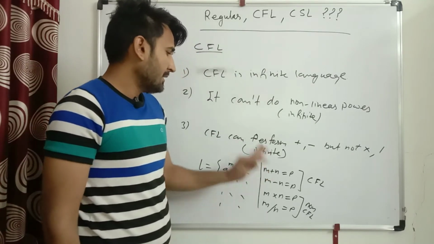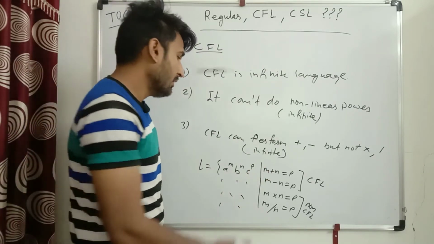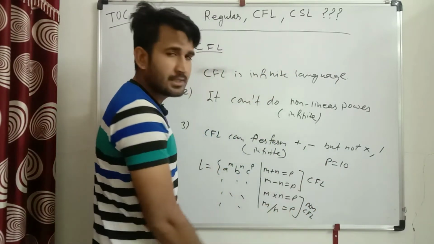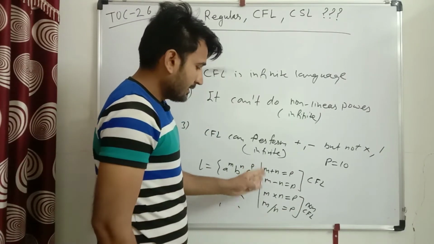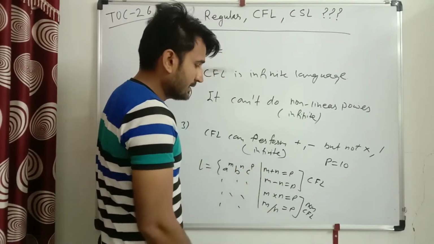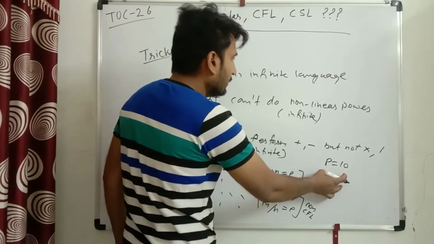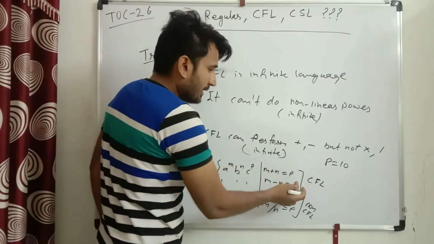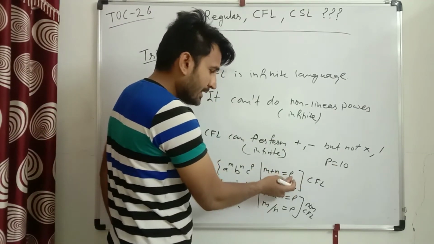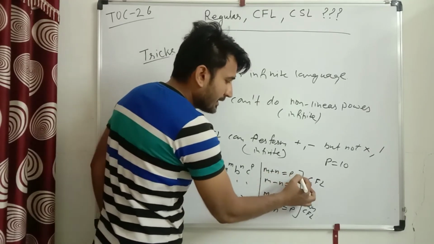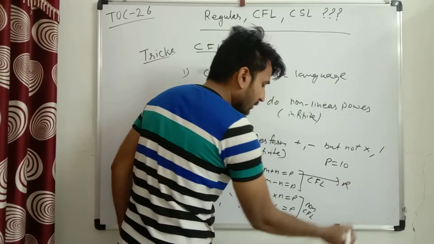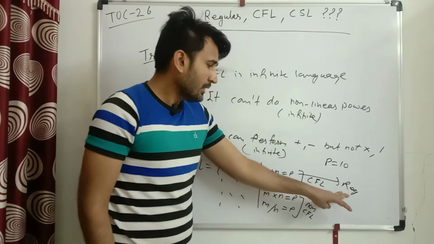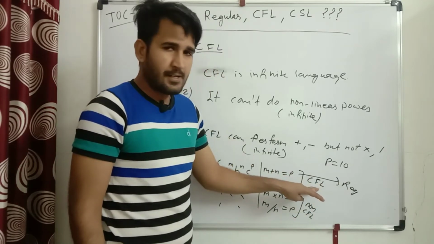Now consider one scenario: if P equals 10, if one side is constant, then this is another scenario. I already told you in the previous example for regular language, if P equals 10, P is constant, then this is regular. If this is regular, then a regular language is always CFL.